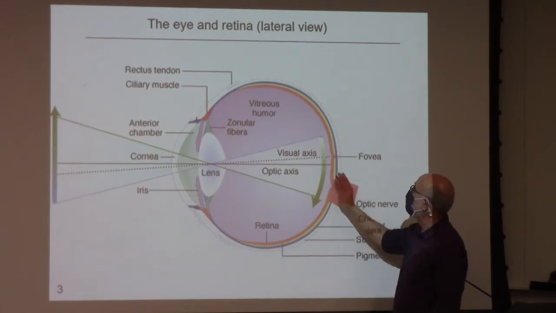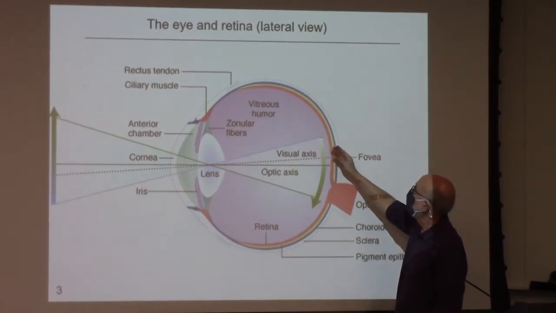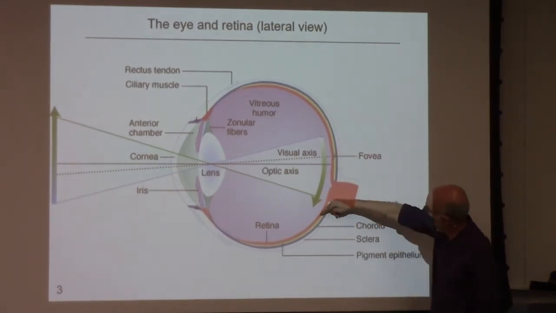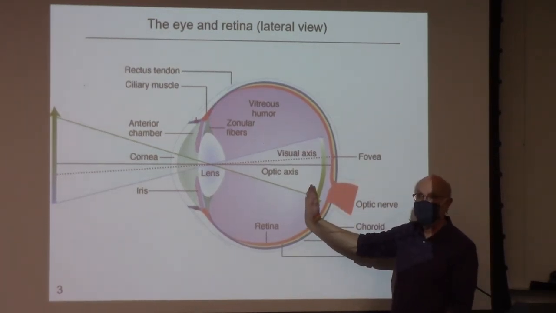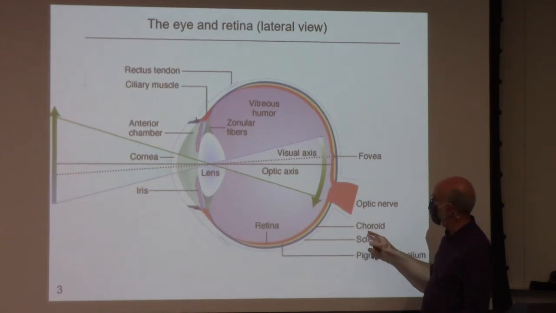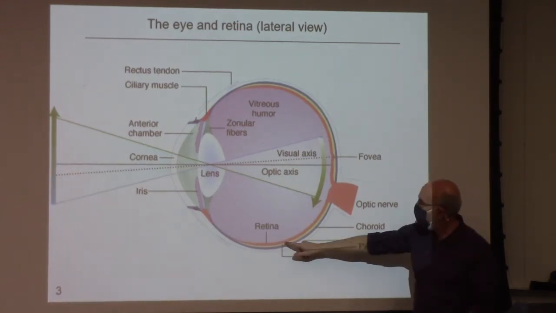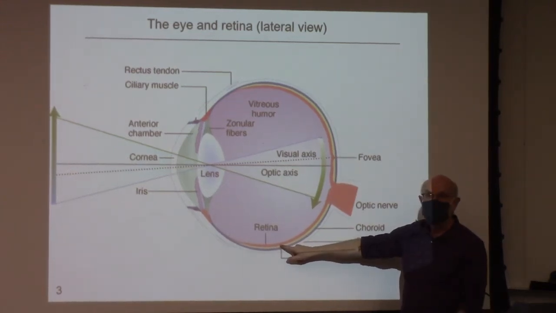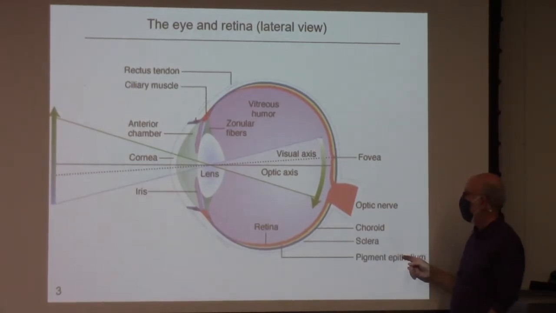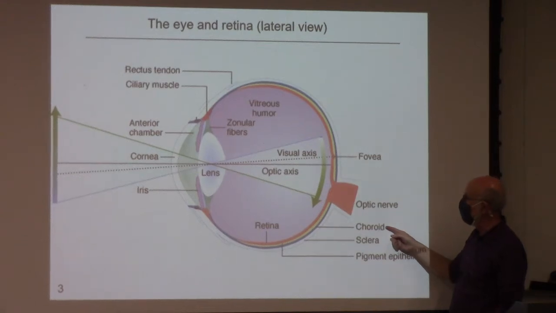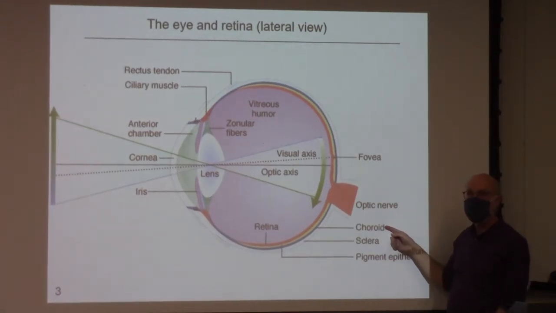The retina is supported by two structures behind it. So there's no support of the retina in front of it. There is support of the retina behind it. The pigment epithelium is right behind the retina, and the choroid is right behind that.